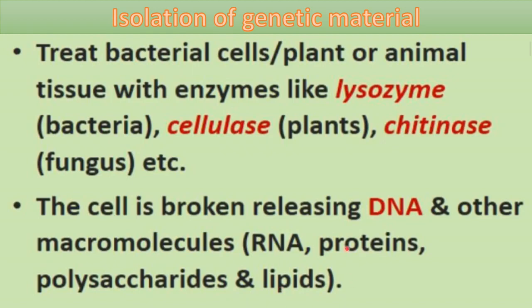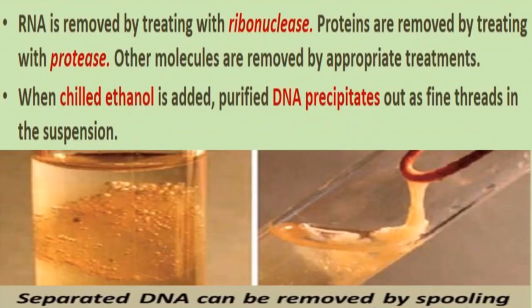Out of all these, we need only DNA, right? Now what will we do to isolate the DNA? First of all, the biomacromolecules other than DNA are removed. RNA is removed by treating with ribonuclease, the enzyme responsible for the degradation of RNA.